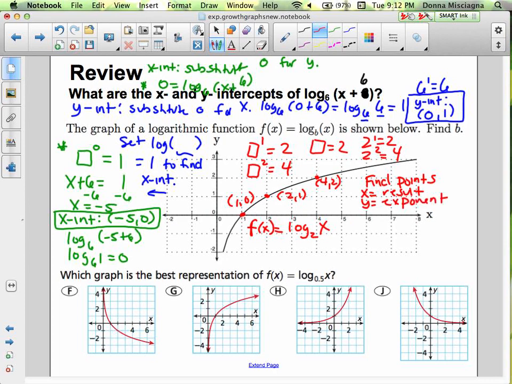All right, last one. We want which graph is the best representation of f of x equals log base 1/2 of x, or 0.5, or 1/2 to the x. All right, so we want the base to be 1/2. All right, so now let's rewrite that as an exponential. And so we'll put that in exponential form.